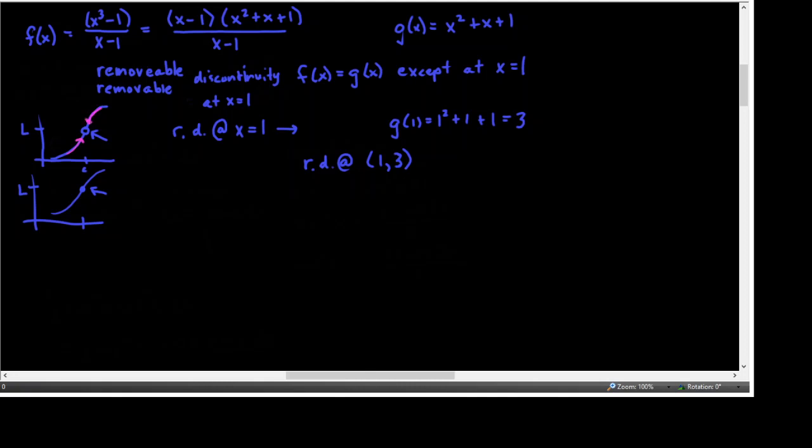So it's approaching L, just like this one is approaching L. The one on the bottom happens to have a value there, which means direct substitution would find it, but the other one doesn't, so we're going to have to find another way, like rewriting our function in a simpler form using algebra, factoring and canceling, to get an equivalent expression for f of x, g of x equals that quadratic trinomial x squared plus x plus 1.